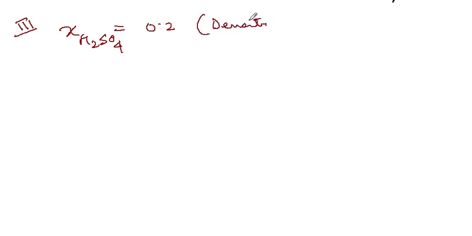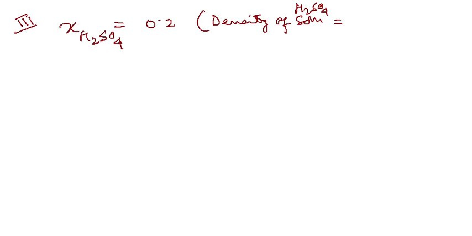So let's say in the third case scenario we have got the mole fraction of sulfuric acid equal to 0.2, and the density of the sulfuric acid solution is equal to 1.84 gram per ml.